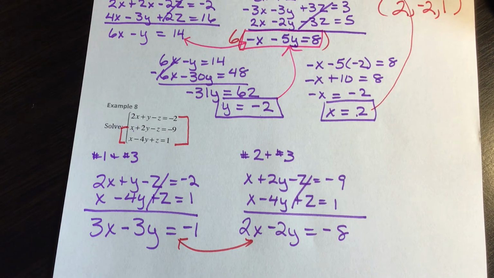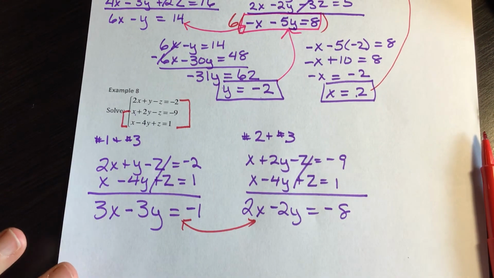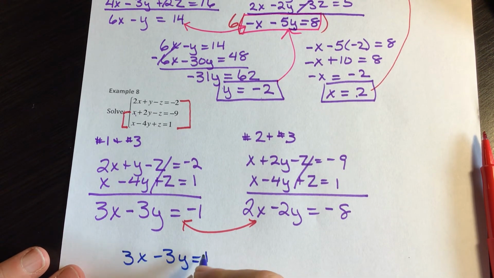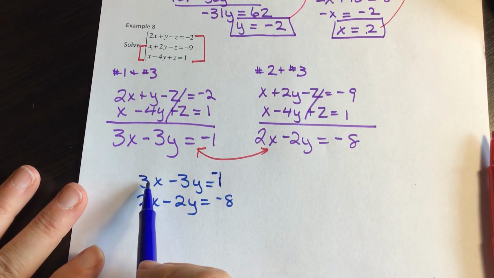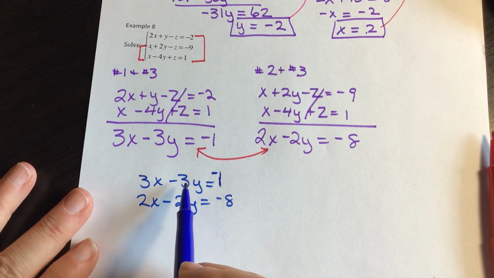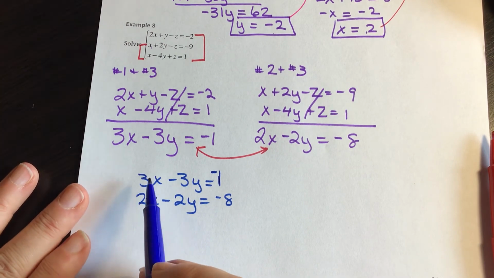So now what I want to do is try and figure out, I'm going to line them up here. Looking at the x's, 3 and 2 both go into 6. Negative 3 and negative 2 both go into 6.